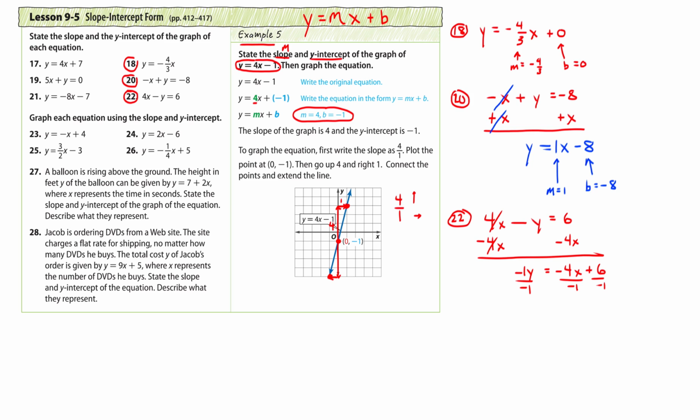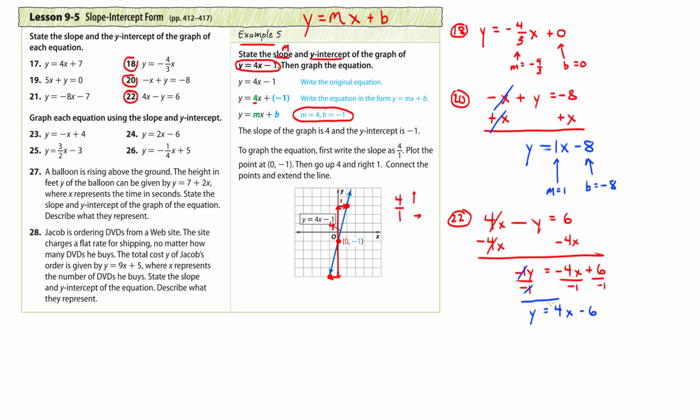So I'm going to change to blue when I'm doing my reducing here. The negative 1 is going to cancel with the negative 1, leaving a y equals. This negative is going to cancel with that negative. So the negatives are going to cancel, and 4 divided by 1 is 4. So that's 4x. And then plus 6, but I'm dividing by a negative, so a positive divided by a negative is going to be a negative, so it's going to be negative 6 or minus 6.